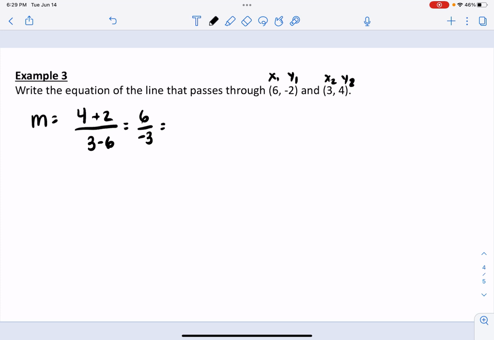And I don't know why I'm struggling dividing that. I don't know why I had to do that in my calculator. Okay, and then we need a point. I'm going to pick my point in that color green. Again, it doesn't matter which point I pick.